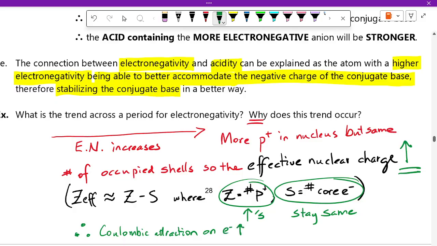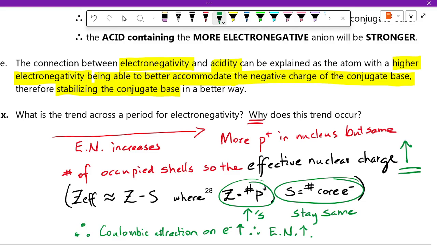Coulombic attraction on the electrons increases, therefore electronegativity increases. See why we have to do this stuff in grade 11 before we can do grade 12? There you go.